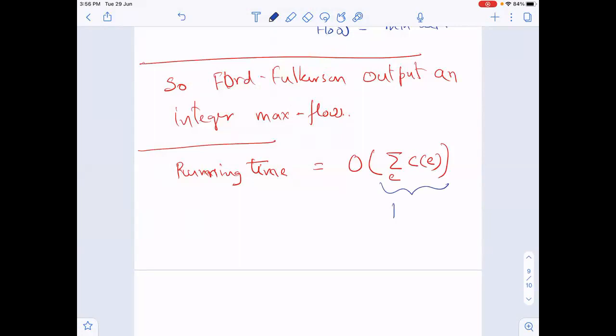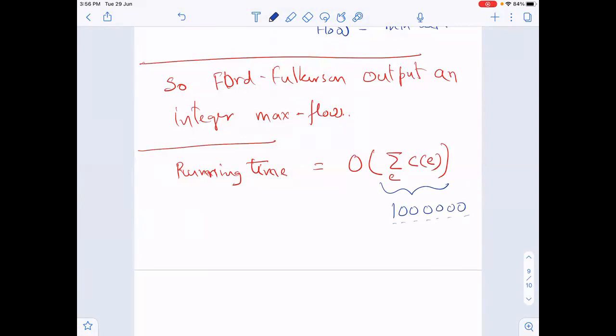So if this quantity is say 1 million, then this algorithm will take a million steps. But the number of bits to represent all the C's is just 1, 2, 3, 4, 5, 6, 7. So in 7n bits maybe, I can represent the whole thing.